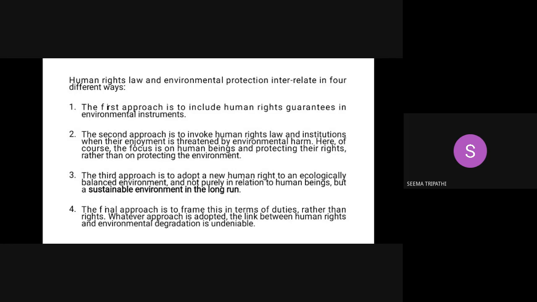And second, as I told you, the concept of karma, clear: the environment is being harmed and the environment is harming the people back. So we have to take care of the environment and it will take care of us. The third one is a sustainable environment in the long run, which will be my presentation. And the final is that most of the time we talk about our rights, the human rights, and the duties, clear. And we all know that there is a proper link between human rights and environmental degradation. As I told you, we are responsible.